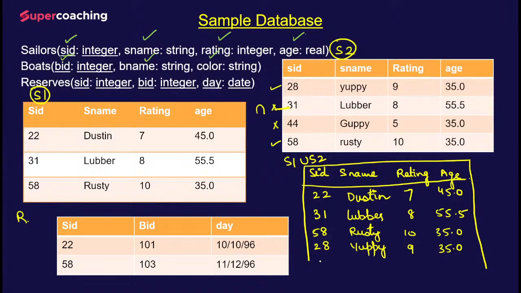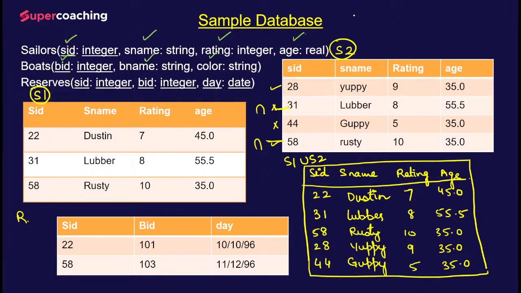Then with the ID 44, that is not present in the first relational instance, so it will also be included in the result, and it's 35.0. Then 58, this entry is already included, so this will be included in the intersection. This is the result which is obtained after applying the union operator.